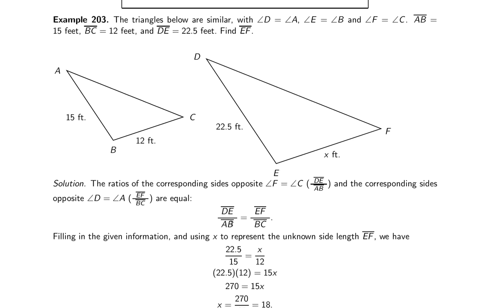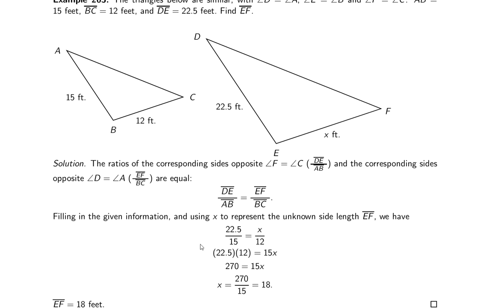Here they put the second triangle on top. As long as you do it consistently, that's okay. So here we have 22.5 divided by 15 is equal to x divided by 12. All right, so the second triangle on top here. And we get this proportion.